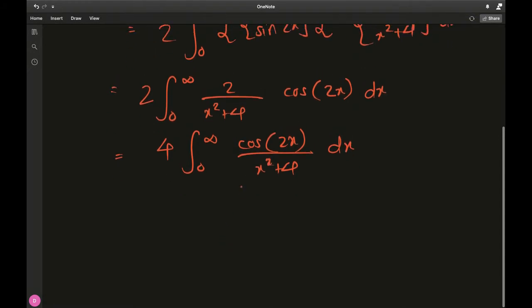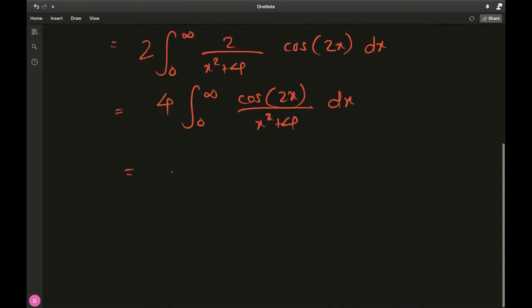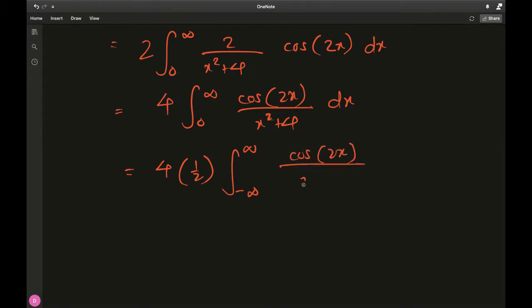Okay, now what I can do is, notice that cosine is even. X squared plus 4, a quadratic term, will always be even. So then, using symmetry, I can say that the integral from 0 to infinity is just half of the integral from negative infinity to infinity of cosine of 2x divided by x squared plus 4 dx.